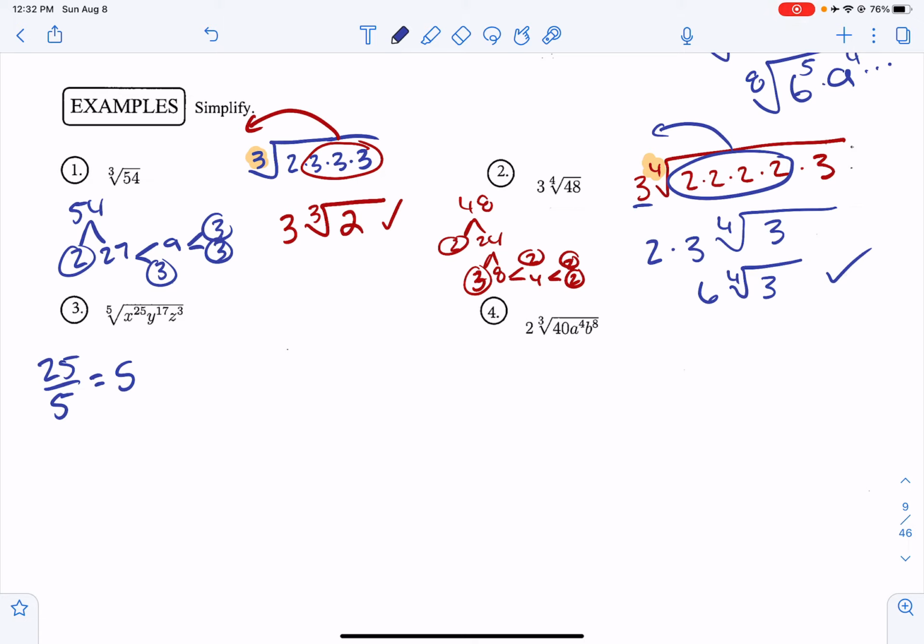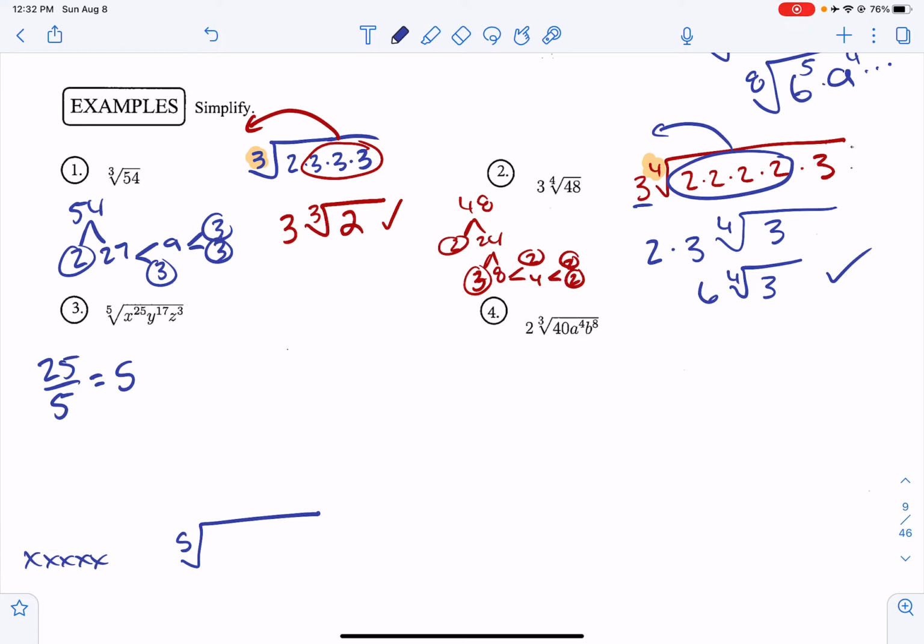So my answer is going to have 5 groups of x's that get to come out of the root. I can even write it this way: 5 groups of x's, 1, 2, 3, 4, 5, and each of those groups has 5 in it, it comes out, turns into 1.